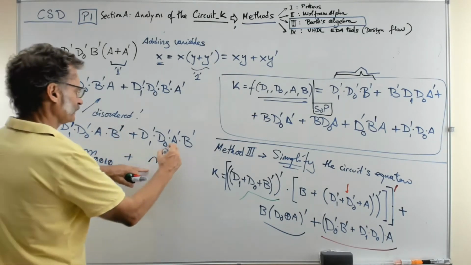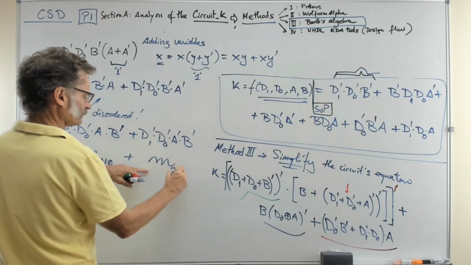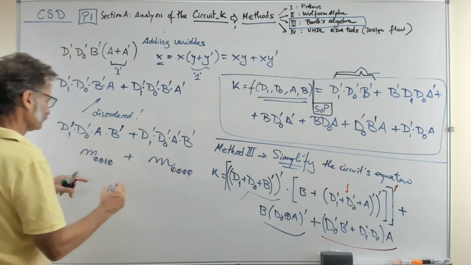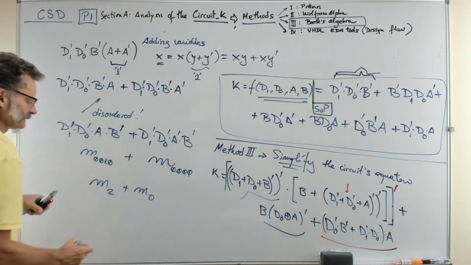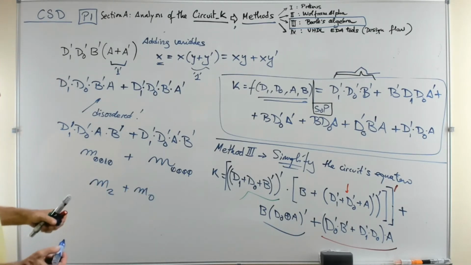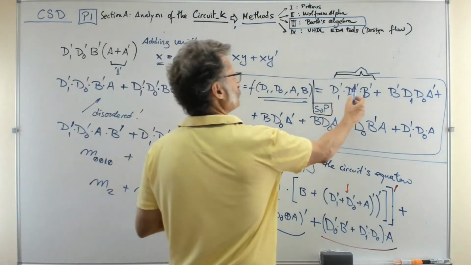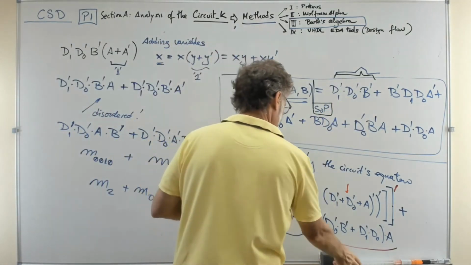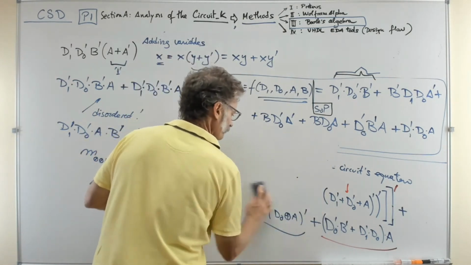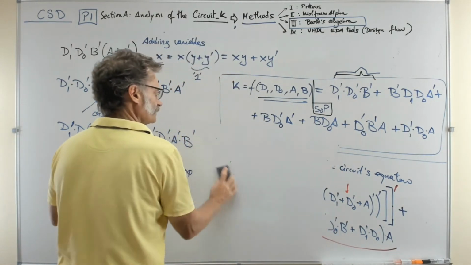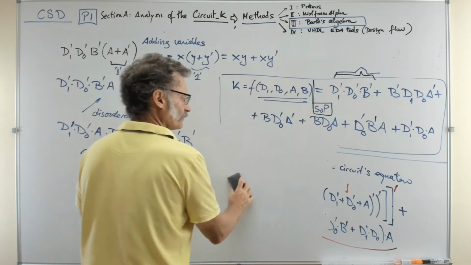And here you have 0, 0, 0, 0, right? That way. So this is the minterm 2 or the minterm 0. So now, from this term, you know two terms of the truth table. So now you can go and compose the truth table, because the initial expression does not exist anymore.